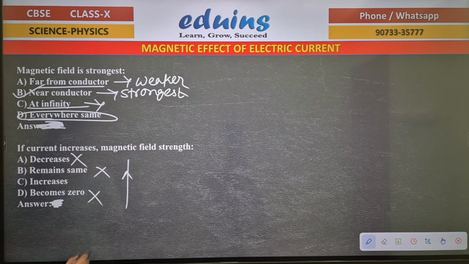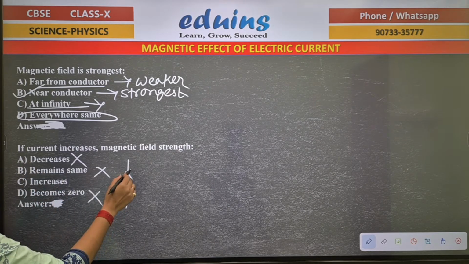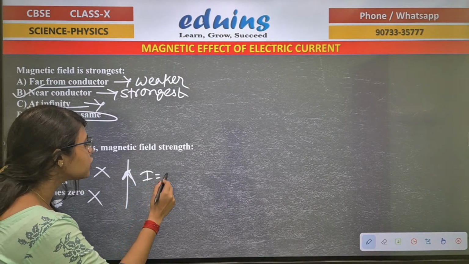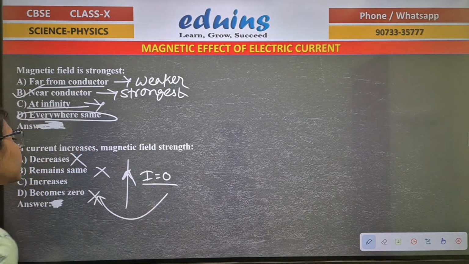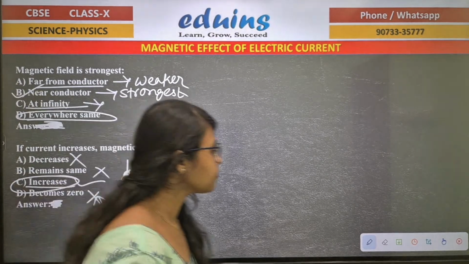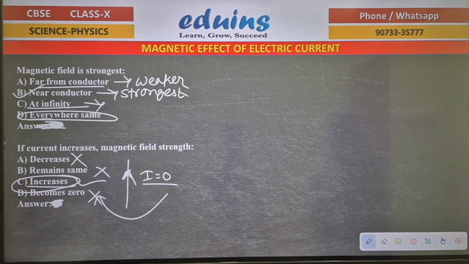Becomes zero is not possible because that happens only if I is equal to 0. So it increases. So answer C is the correct answer. Okay? Got it? Now the next MCQ.